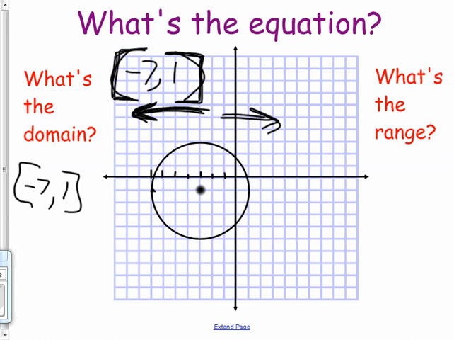What's the range? Well, same idea. Would you write the range, please, on your paper? I'm hoping you have a 5 in there.